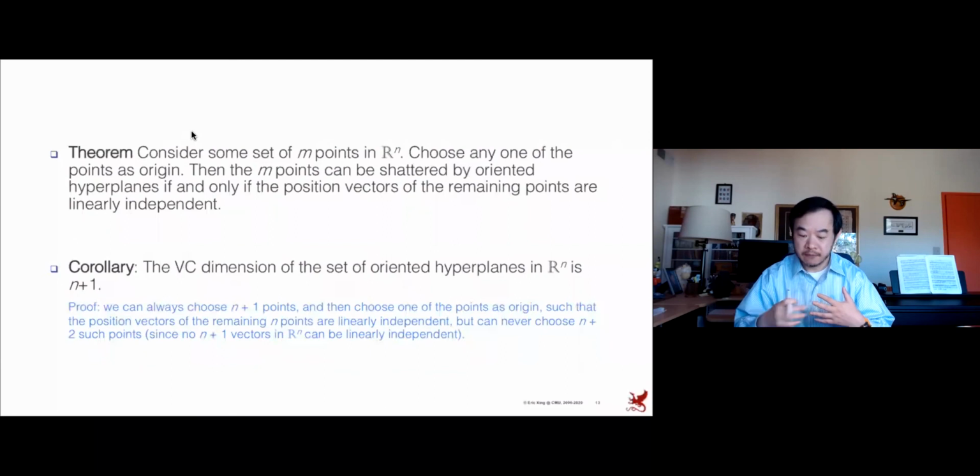Because if they have to be linearly independent of each other, you cannot make the number of points go infinite anymore. They have to be smaller than some number, which actually is m numbers. Otherwise you will be able to show yourself a counterexample that one of those points must be a linear combination of the others. Therefore they are not shatterable.